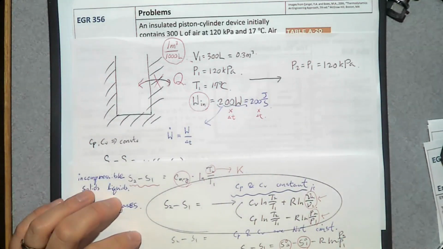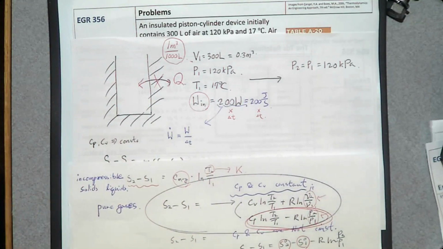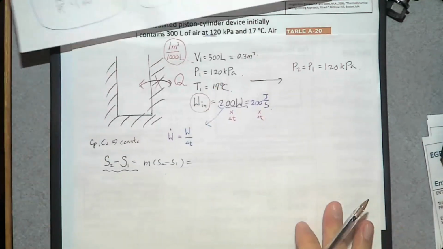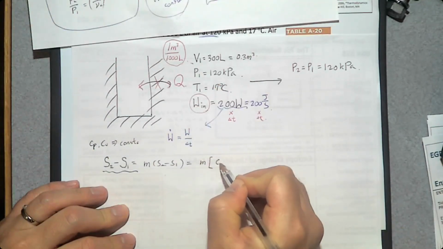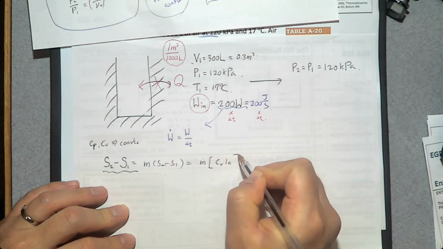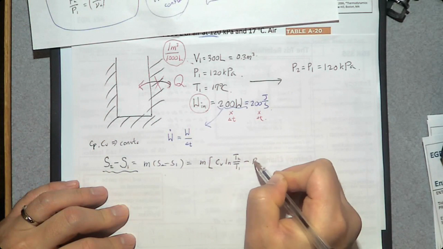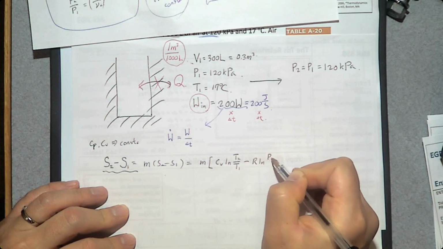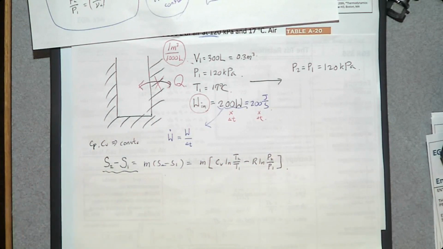So let's use this equation. Then this is mass times Cv natural log T2 over T1 minus R natural log P2 over P1. So that's how we can determine the entropy change.